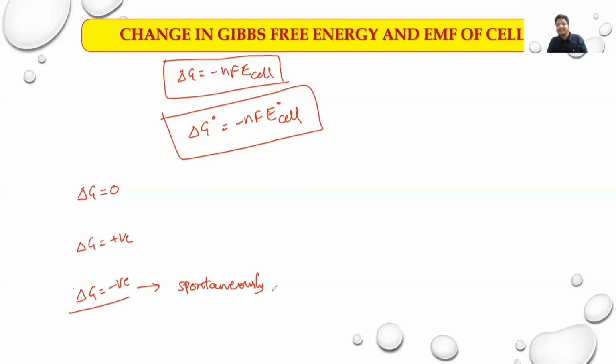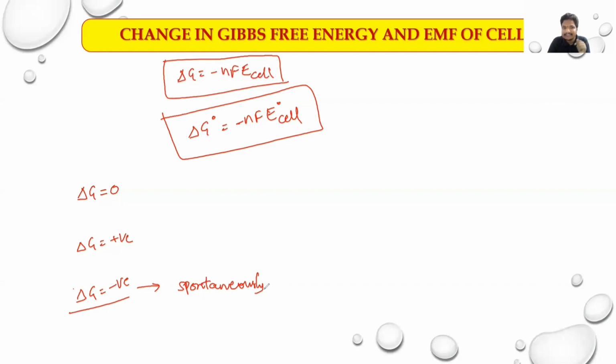Let us see: what happens if delta G is 0, if delta G is positive, and if delta G is negative in the electrochemical cell? If delta G is negative, the change in free energy of that electrochemical reaction is negative, and that reaction will take place spontaneously. For spontaneous reactions, delta G will be negative.